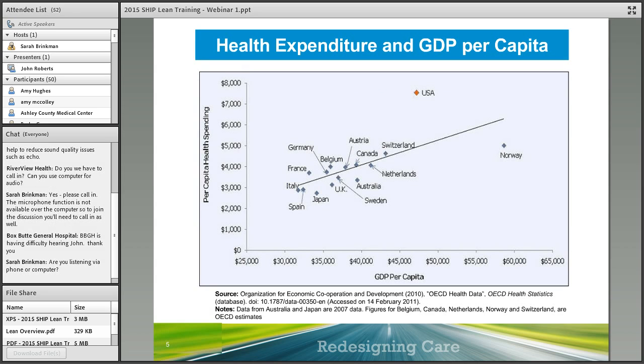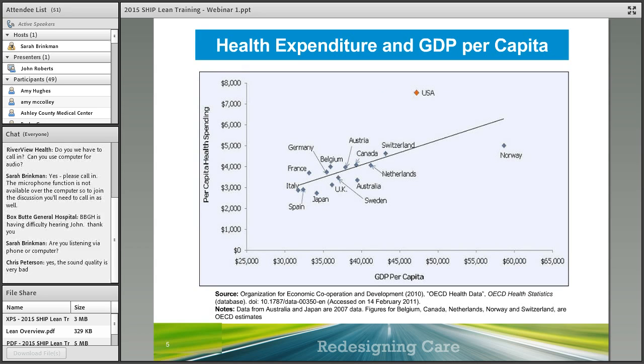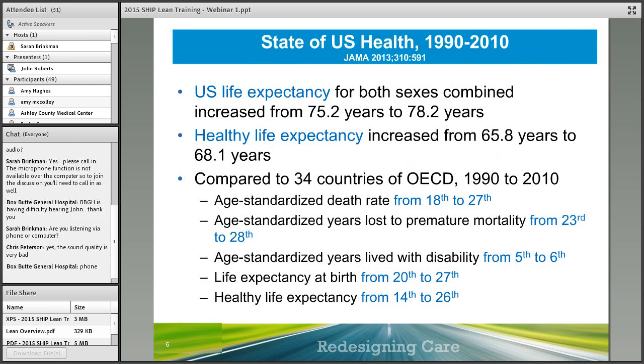I think you've all seen these kinds of graphs, but it holds true still today. Over the last 10 years or so, the United States spends twice as much as any other industrialized nation on healthcare. And yet, as you'll see, our healthcare status continues to decline.